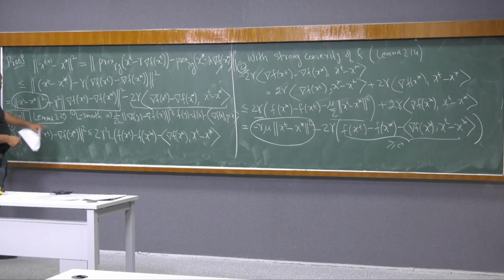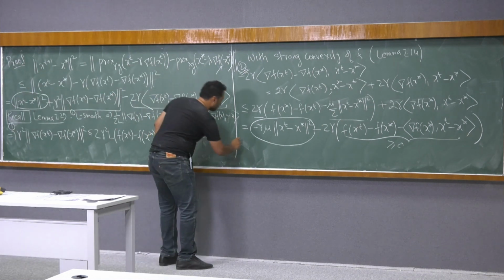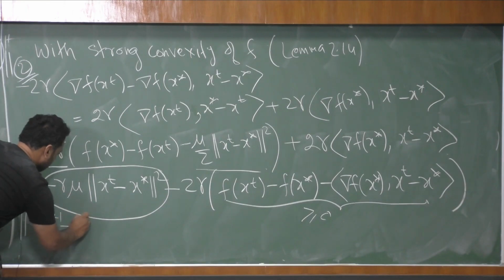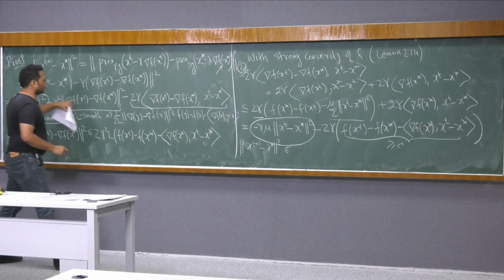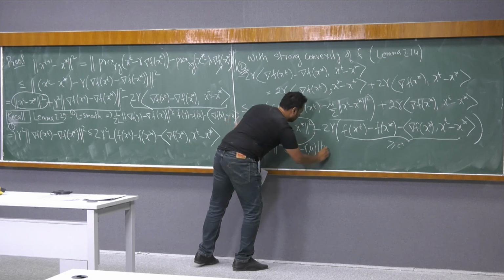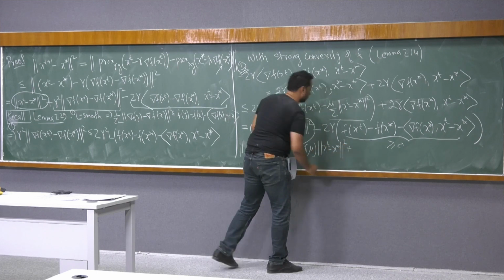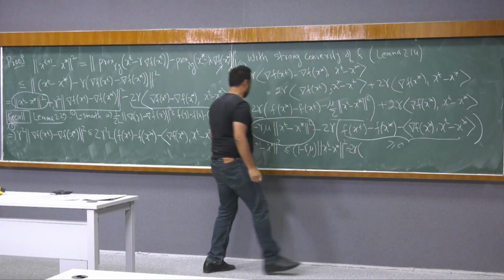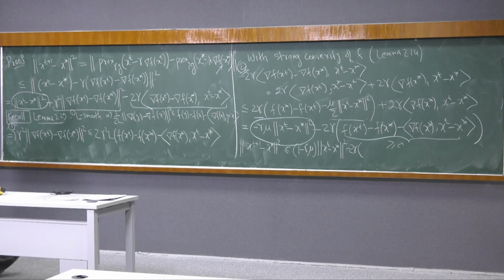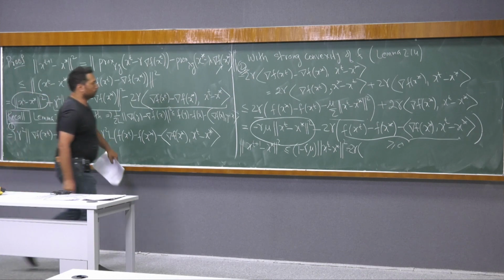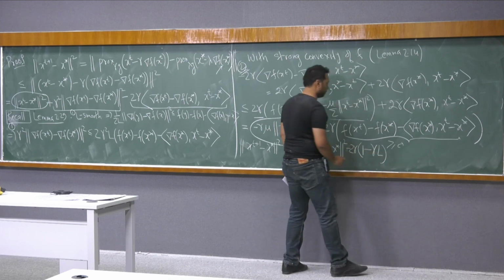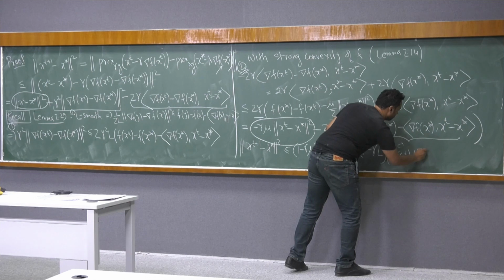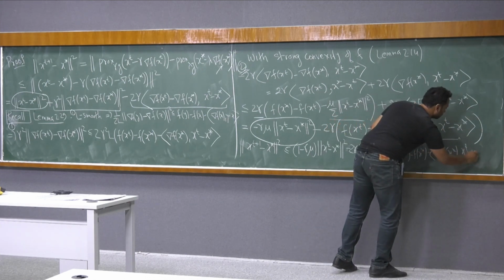So we want to conclude this. Let me rewrite this again: xt plus 1 minus x star is less than or equal to 1 minus gamma mu times xt minus x star, and then minus 2 gamma times 1 minus gamma L times this term, which is f xt minus f x star minus grad f x star times xt minus x star.